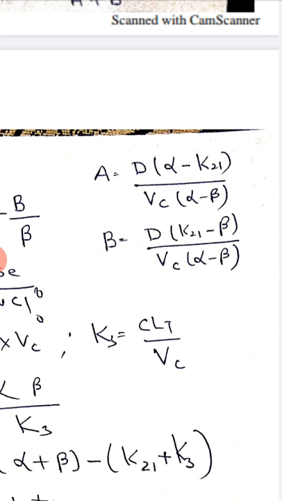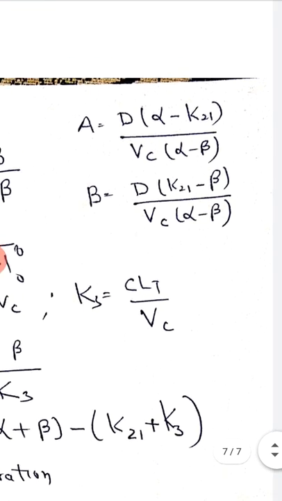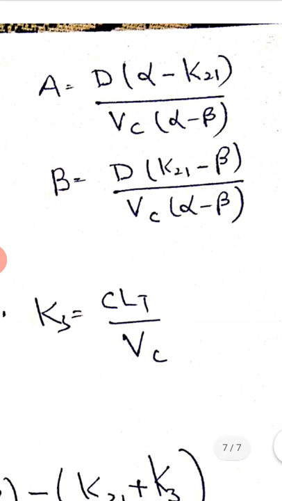If you have the values of K21 and Vc, you can easily find the value of A. What is D here? D is the dose amount. Similarly you can find the value of B. B is also a hybrid coefficient, so the formula of B is D times (K21 minus beta), divided by Vc times (alpha minus beta).